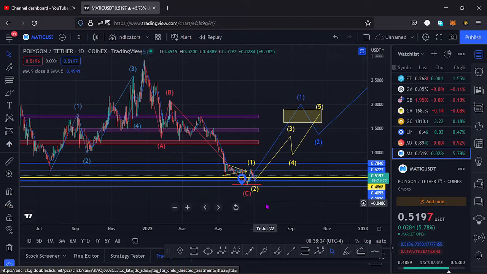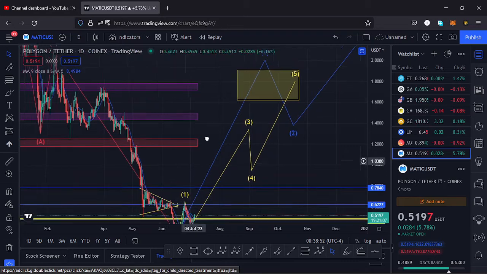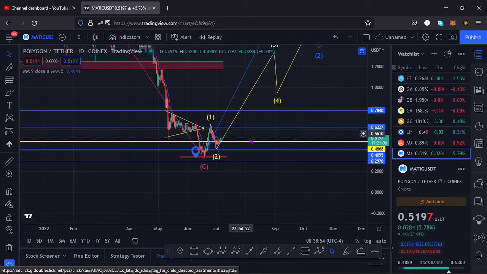I'll briefly kickstart the video by giving a brief of what has been happening on this chart. From the all-time high, Polygon Matic has been seeing lower prices in this massive ABC correction, and the ABC correction has now taken us to around the $0.031 mark, and I believe it has done whatever it needed to do in its ABC correction, and we might be in an impulsive wave to the upper side.